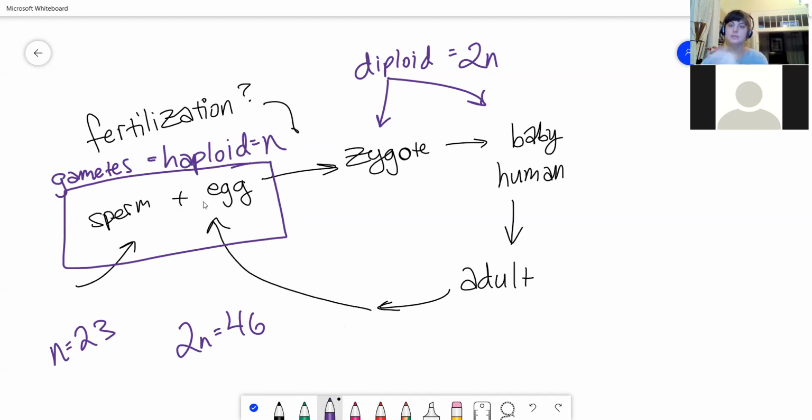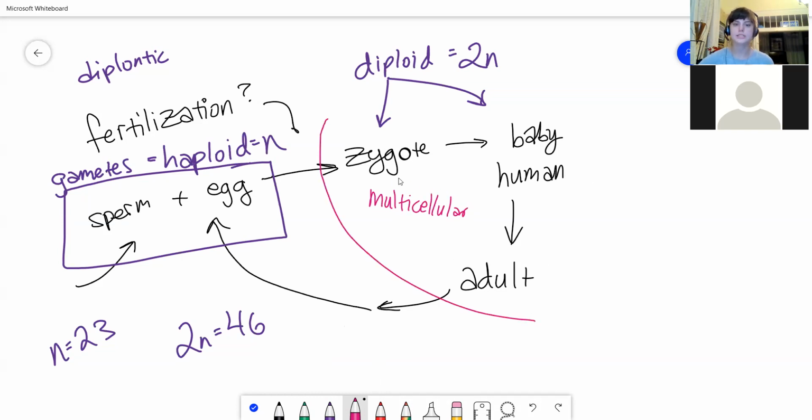And they go together to make a full diploid individual. The word for this, and this is animals, we're diplontic. This, from here to here to here, this is all multicellular. That's all multicellular. The only haploid cells that we have are individual gametes, single cells.